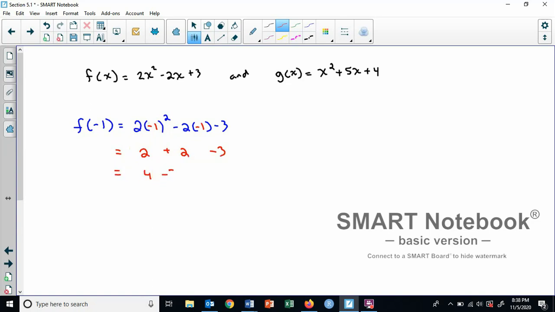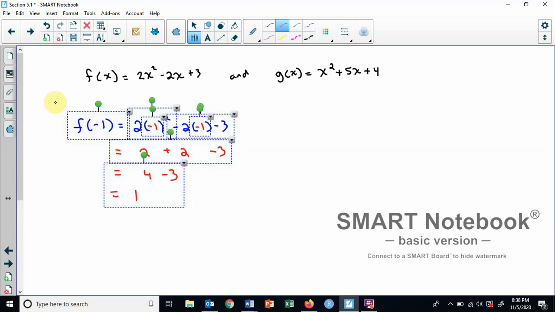So 4 minus 3, that would be 1. Because -1 squared with parentheses would be positive 1. 1 times 2 is 2. Minus 2 and minus 1, that would become negative, and a negative makes a positive. And then just adding. Okay, but that's not new.